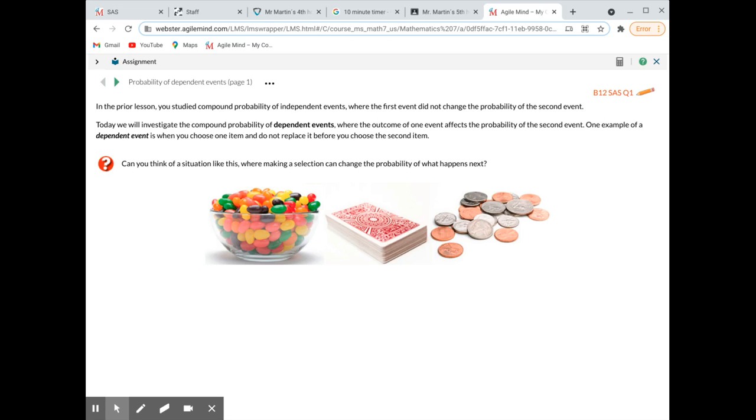And I'm going to pick two people. One person goes up and they pick out of the jar and they get something. Does the person that gets to go second have the same chance as the person that went first? No, they don't. All right, so that would be a situation where it's a dependent event because it's someone choosing an item and not replacing it before the person chooses the second item.